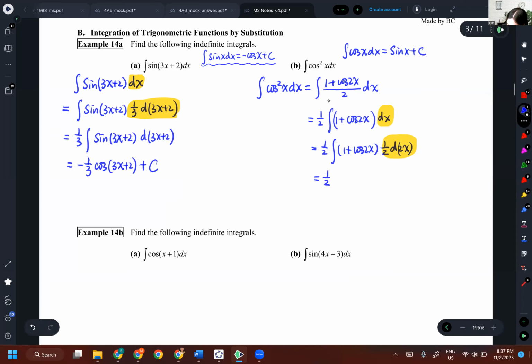It's 1 over 2, 1 d2x plus cosine 2x d2x. Oh, it's 1 over 4, sorry, because I take out 1 over 2 d2x. And then it becomes 1 over 4, 2x plus sine 2x, plus c.